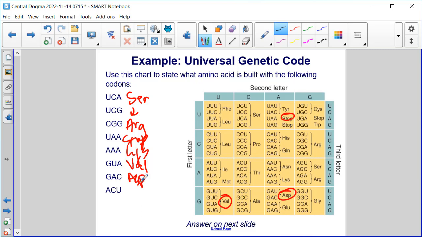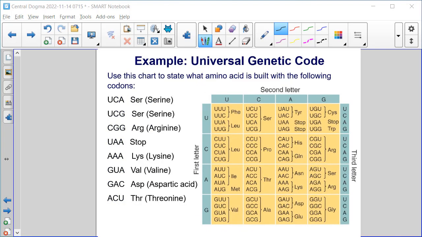And ACU, ACU right here. THR is threonine. On this slide, you can see the abbreviations and the full names of the amino acids that are built with the following codons that we covered in the previous slide.